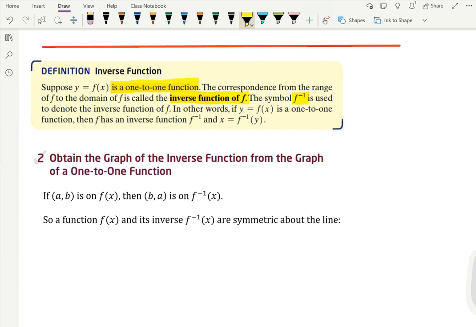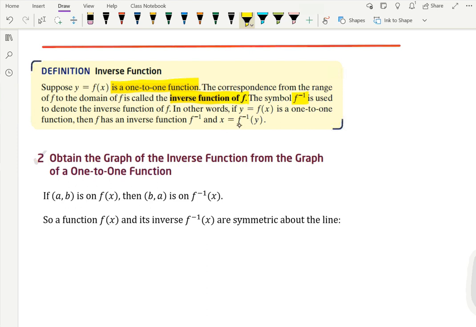It looks like it's to the power of -1, but we don't say it's to the power of -1. We read that as f inverse. So, in other words, if y equals f of x is a one-to-one function, then f has an inverse function, f inverse, and x equals f inverse of y.